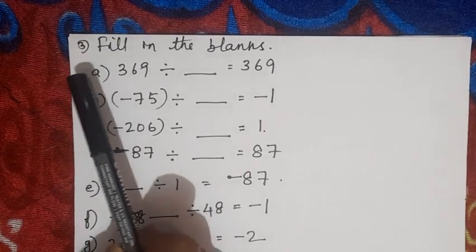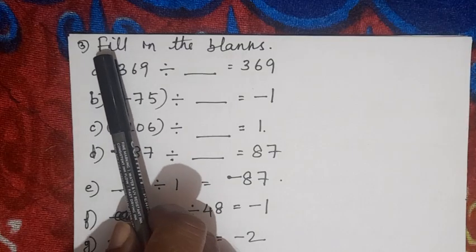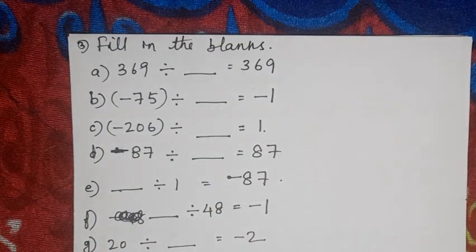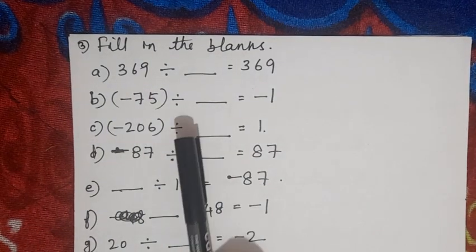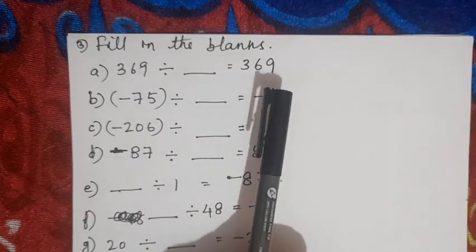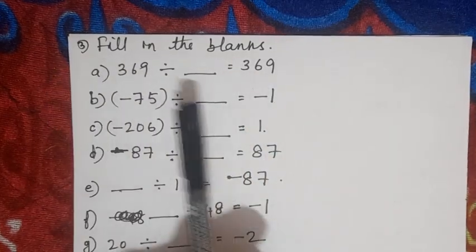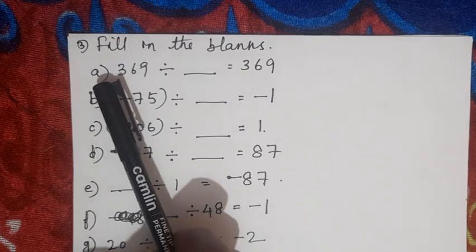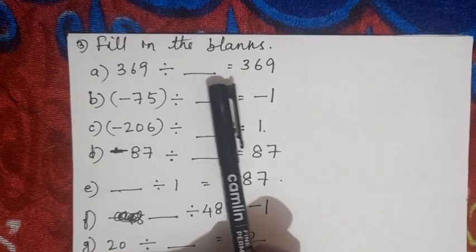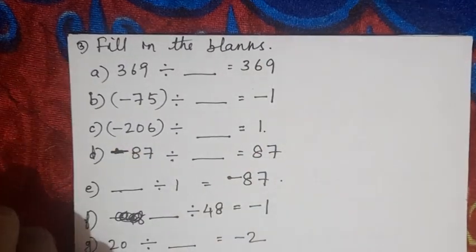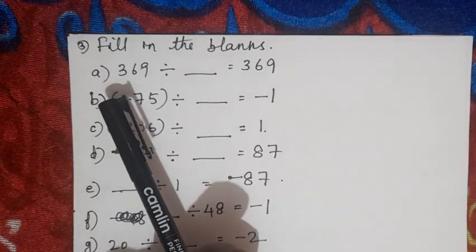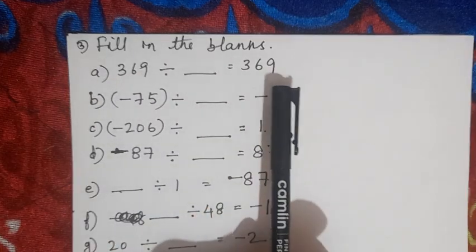Now students, let's go to the third question, that is fill in the blanks. Here they are given some numbers which is divided by some number is equal to some number. So let's see the first question. Now 369 divided by dash is equal to 369. So what should be divided into 369 to get 369?